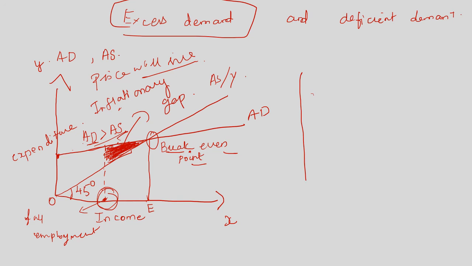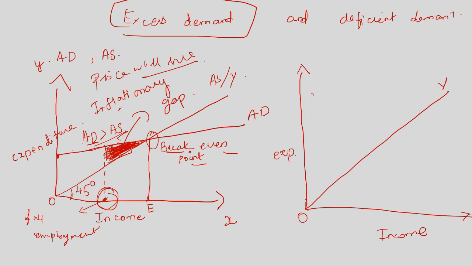Again I am drawing the graph. This is income and this is expenditure. Again I am drawing the income curve, that is Y. This is the aggregate supply curve.